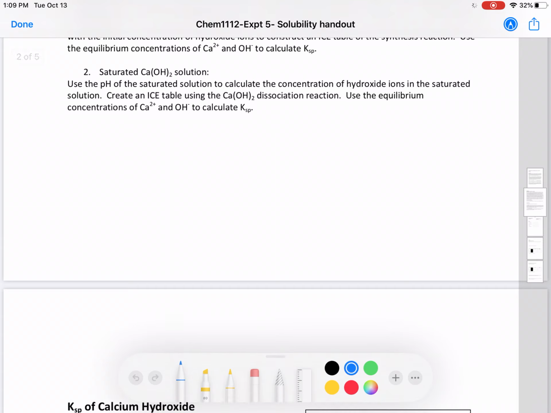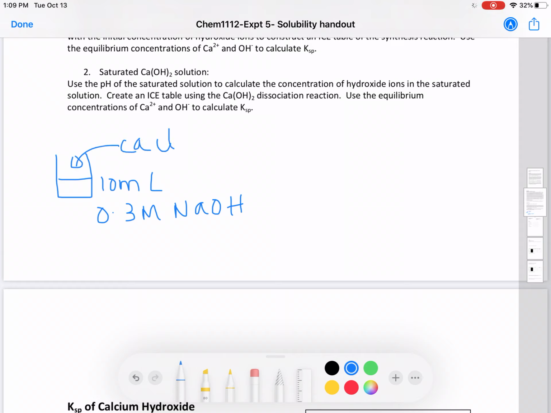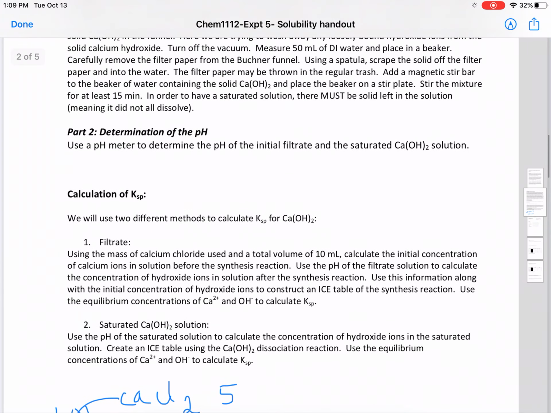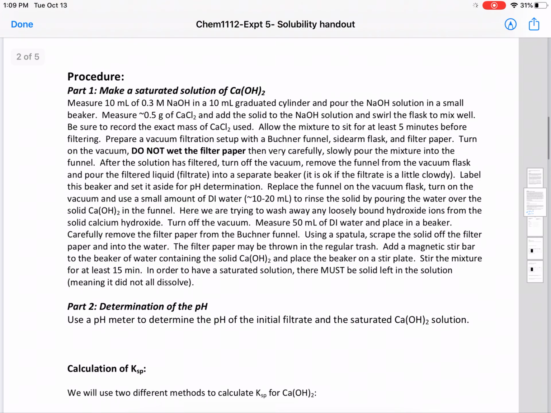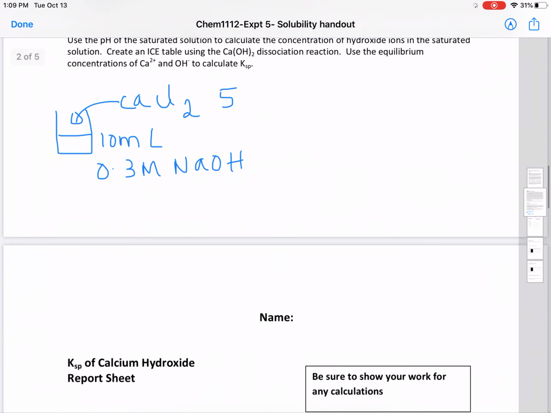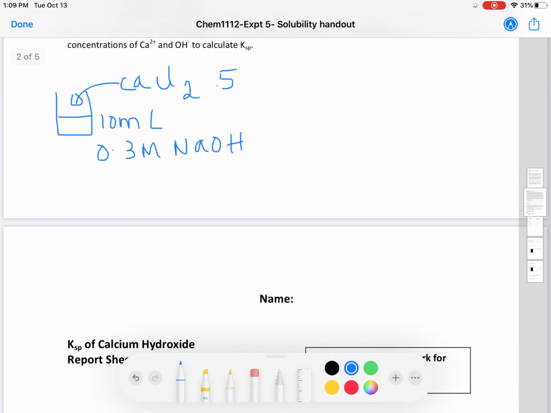So basically in your first method, just like your pre-lab assignment, you will take 10 milliliters of 0.3 molar sodium hydroxide solution. To that you're going to be adding 0.5 grams calcium chloride.